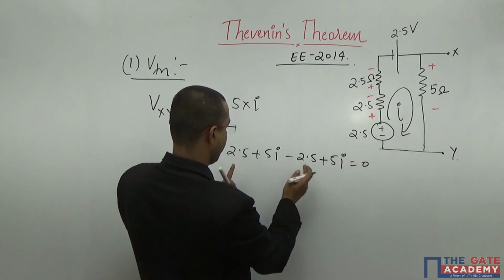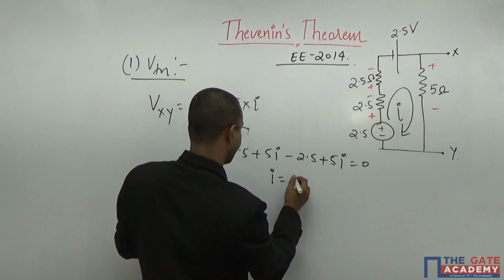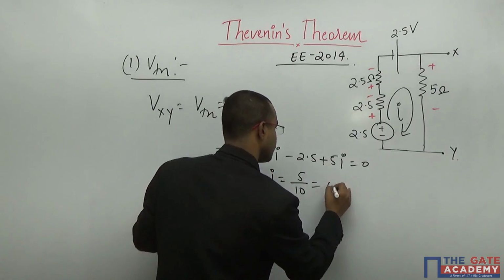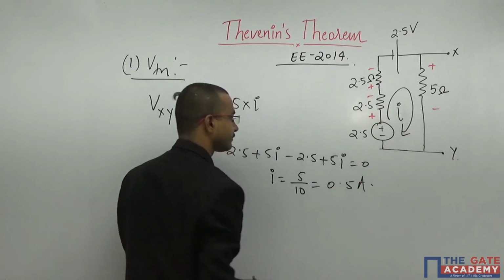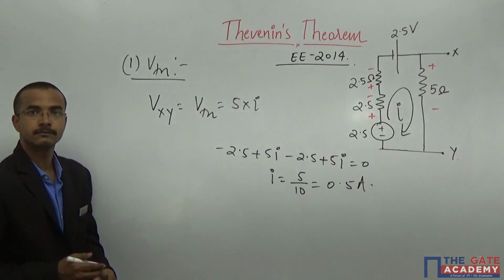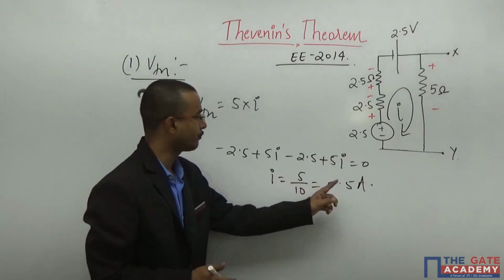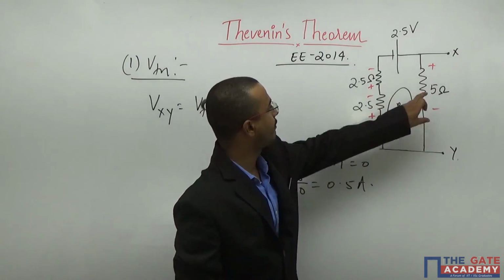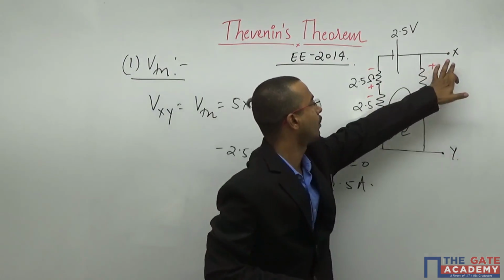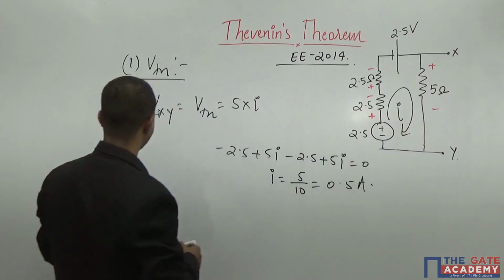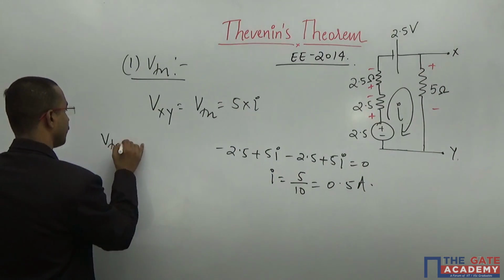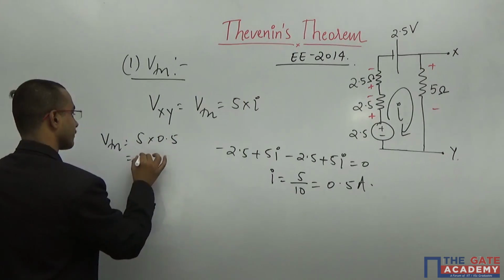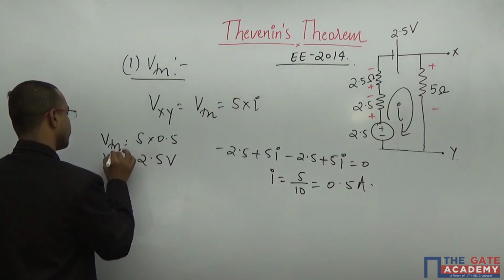And I will get I equal to 0.5 ampere. After getting this I, if I multiply with 5, I will get the voltage across this. That means my VTH will be 5 into 0.5 and I will get 2.5 volt.